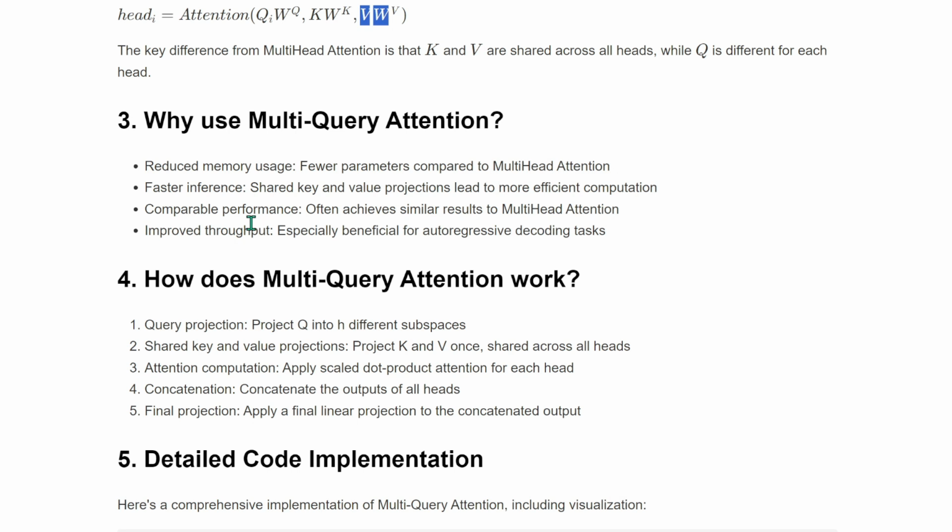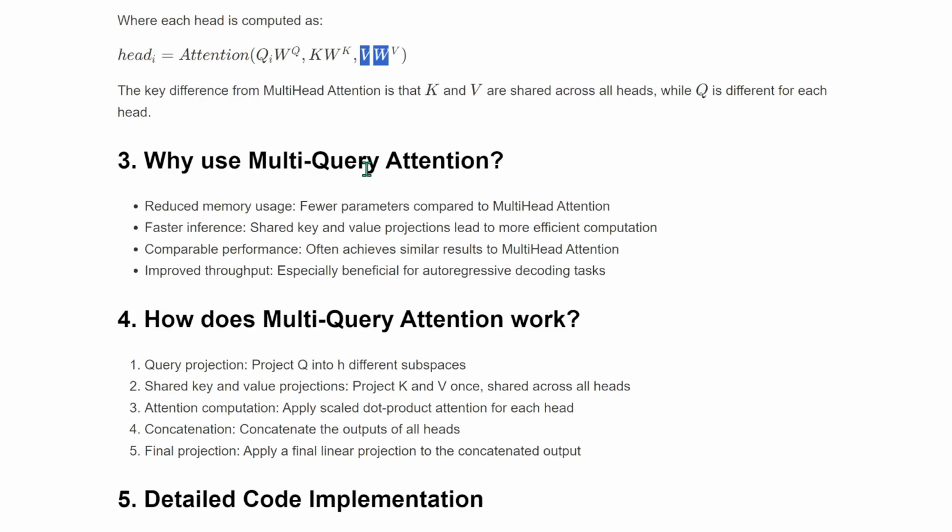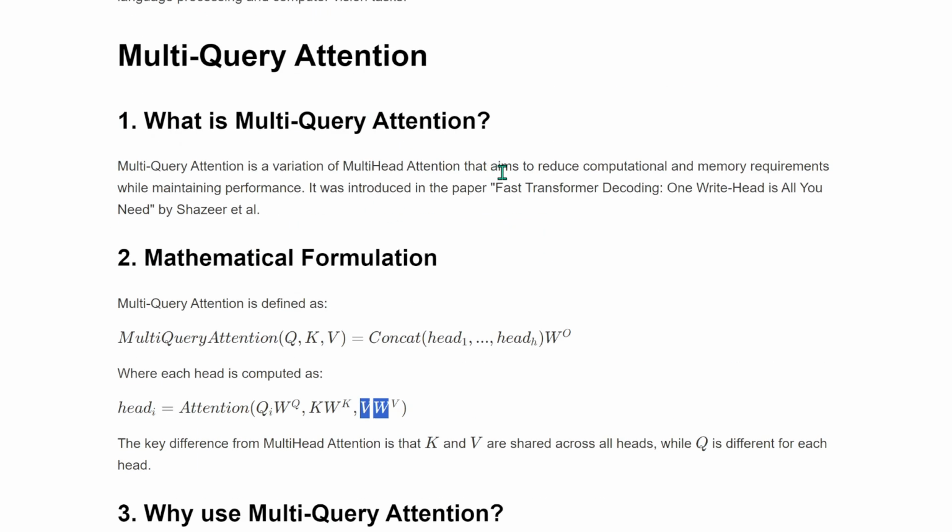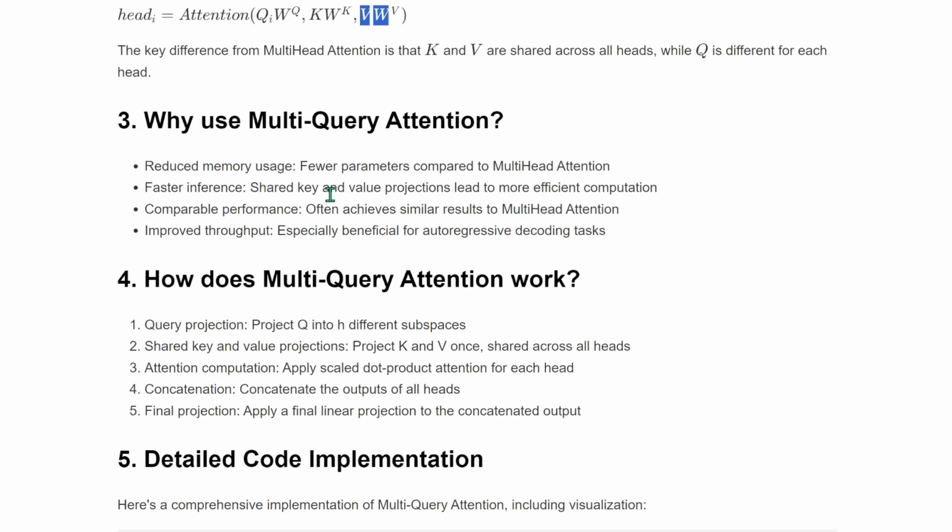But since you are reducing the keys and values, instead of having 8 keys and values, you're having only 1. It will give similar results, but there will be a performance degradation for sure. Comparable performance is what you will achieve. You will not achieve the same performance as multi-head, but that could be a good trade-off. It was a good trade-off given the performance it was achieving, the speed it gave, and the reduced memory usage.